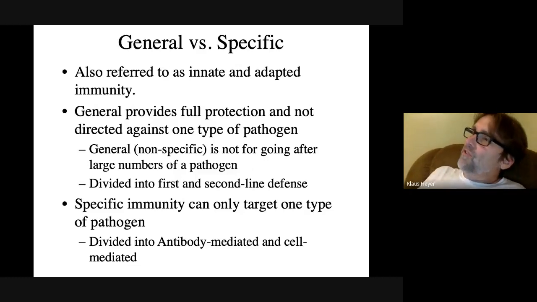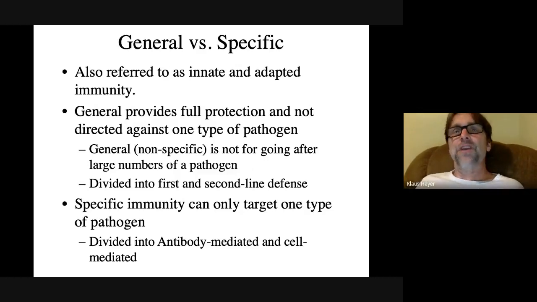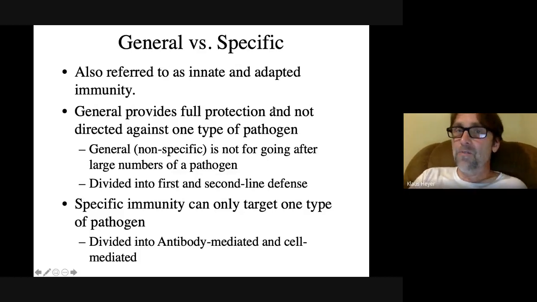General immunity is just stuff that you get on you every day. You're going to breathe in pollen today. You're going to breathe in dust mites today. You're going to get bacteria in your food. It's all good. You don't even know it. It's not a big deal. Your body just takes care of it. Getting coronavirus, that's specific. That's not just a few pollen grains that your body's going to take out.